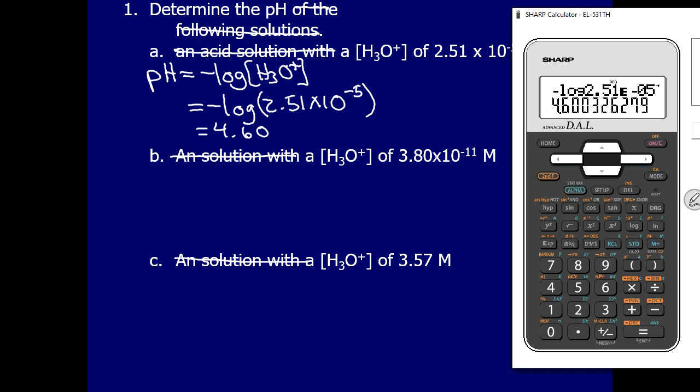Yes, times 10. Yeah, that's your pH. Negative 5. You can put negative 5. You're going to get a negative. And that's the weird thing, which is okay. Okay if you get a negative.